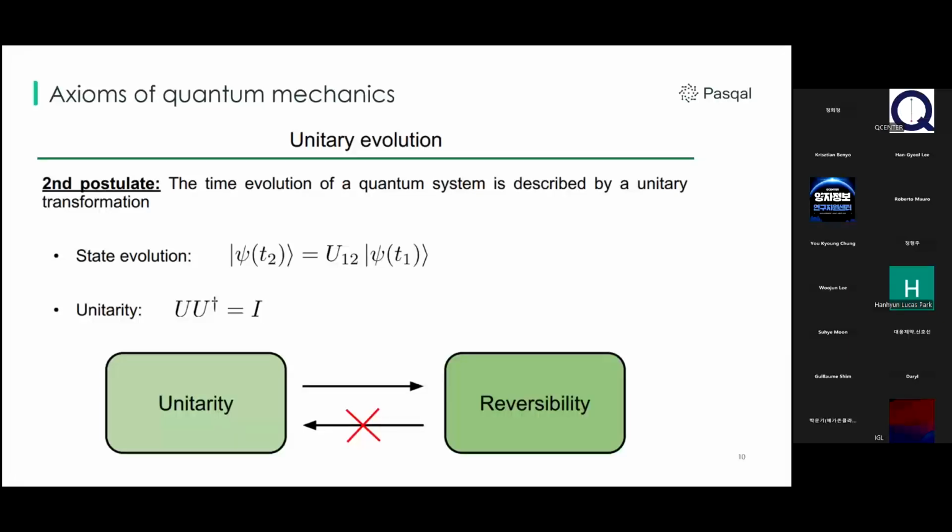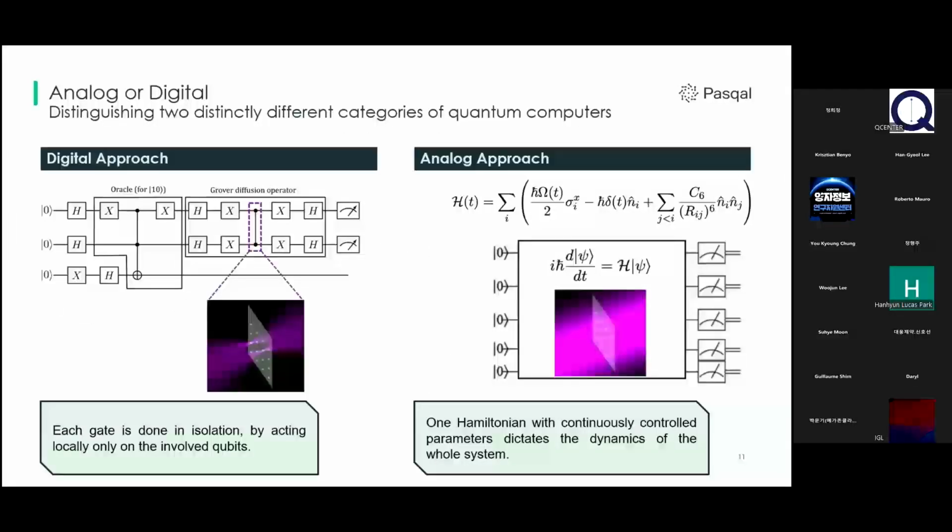These unitary evolutions can take very, very different shapes, very different forms, based on what you choose to manipulate specifically. For this reason, when we talk about quantum computing in general, we can distinguish two types of quantum computers based on how they approach computation from a really abstract point of view.